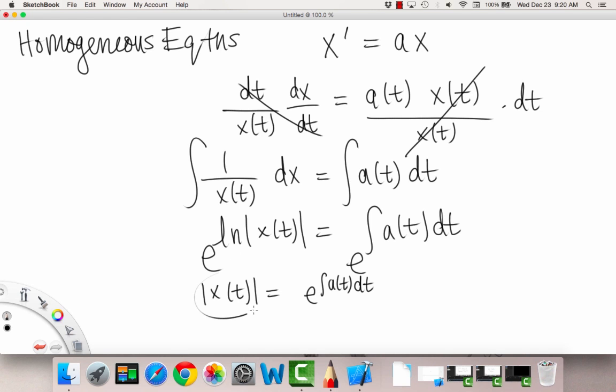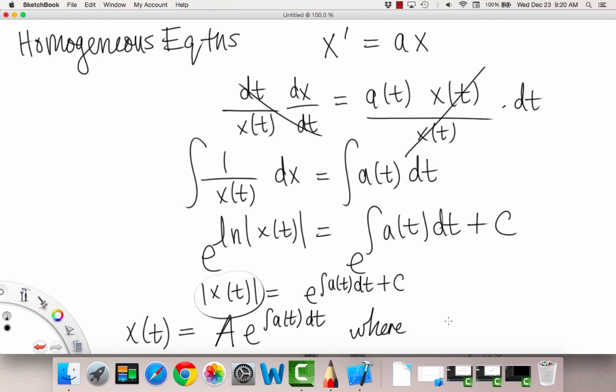Okay, and then to get rid of that absolute value sign, you just add that constant c in there, because there's also a plus c when you do the integration. So we have this random plus c here, and anyways, we just end up with something that looks like this. Our general solution looks like some kind of constant a times e to the integral here, okay, where a is equal to plus or minus e to the c, like it has been before, okay?